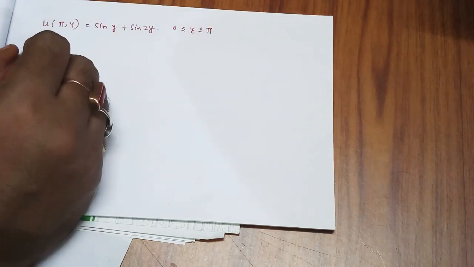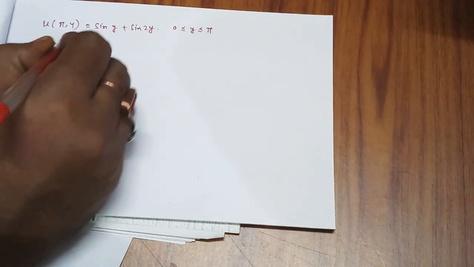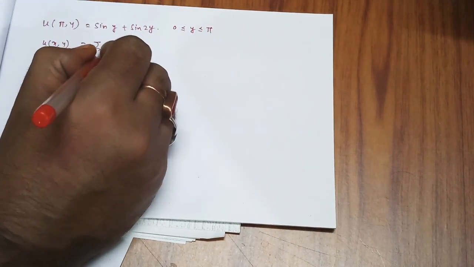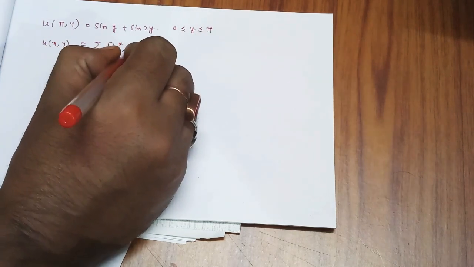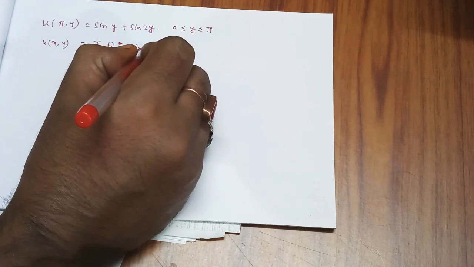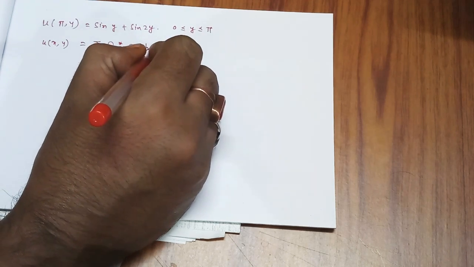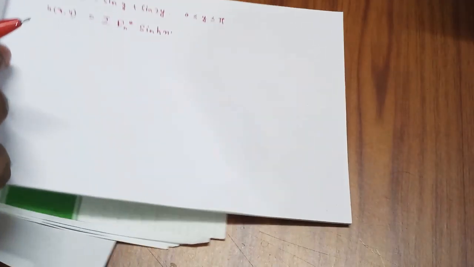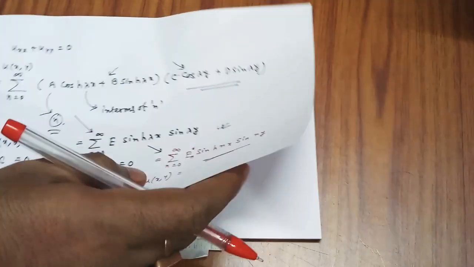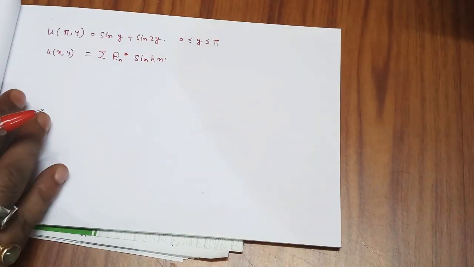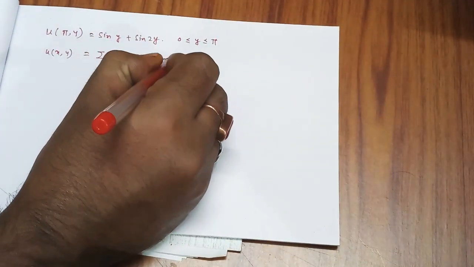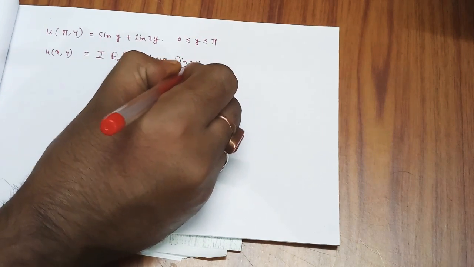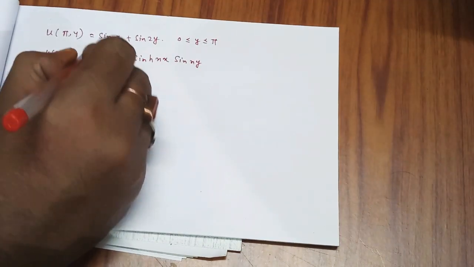But we have u(x,y) as the summation of E_n star sinh(nx) into sin(ny).